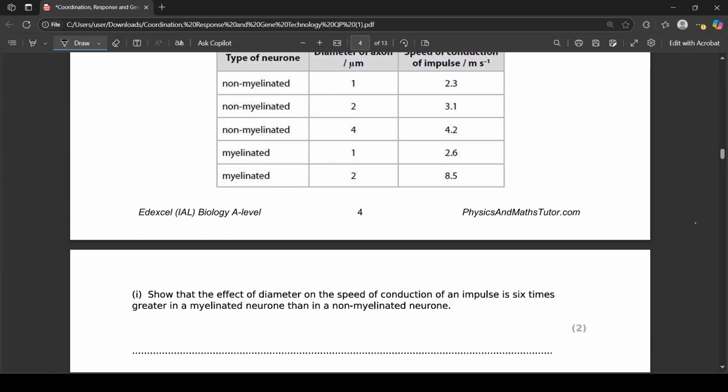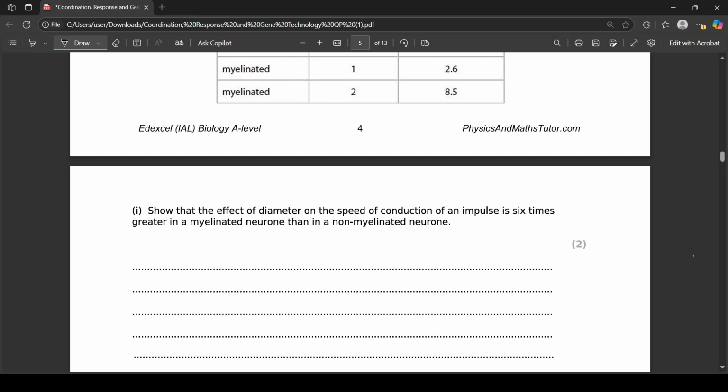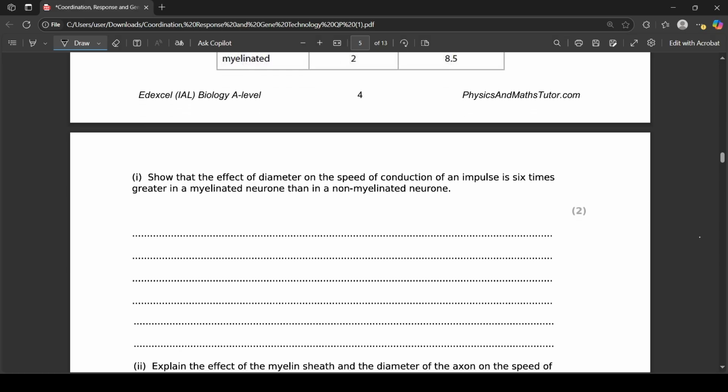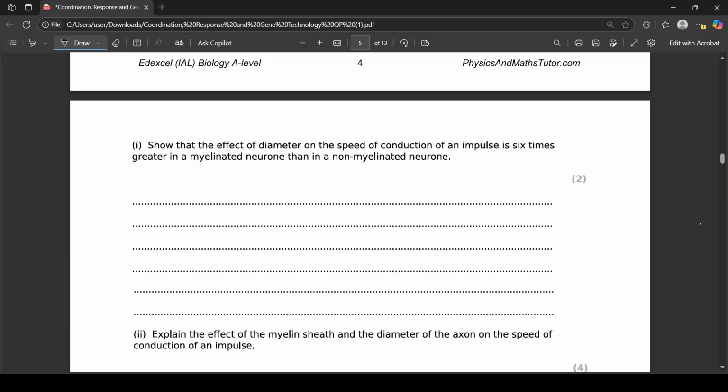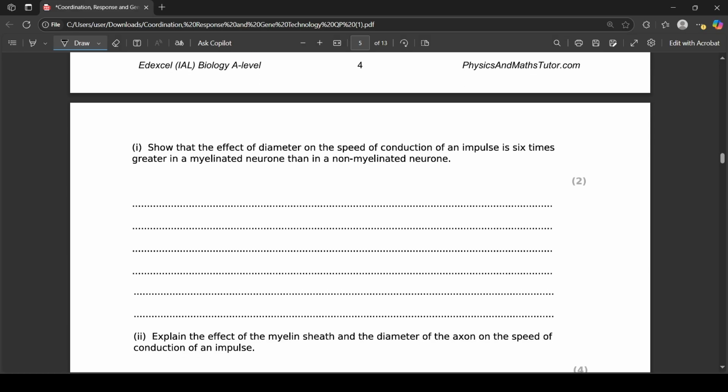Now what does the question say? Number 1 says show that the effect of diameter on the speed of conduction of an impulse is 6 times greater in a myelinated neuron than in a non-myelinated neuron. So basically we have to show the effect of the diameter on the speed of conduction of an impulse.